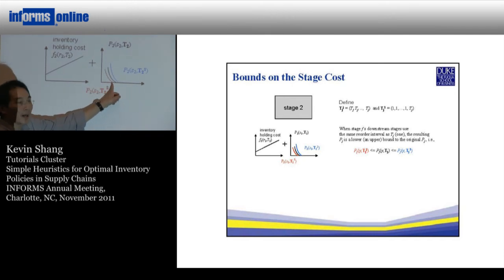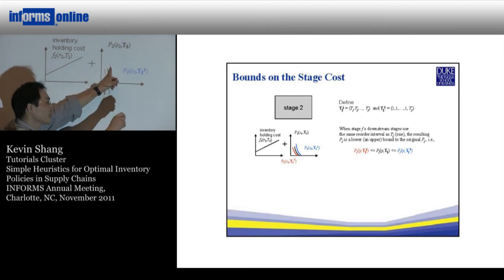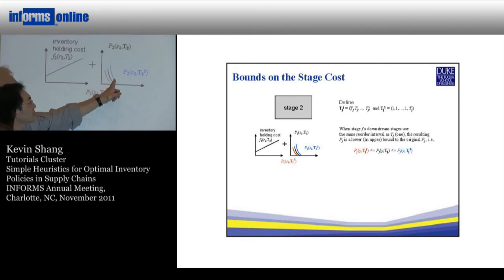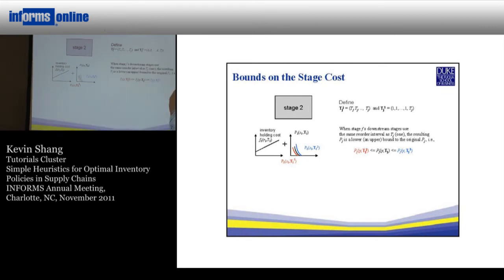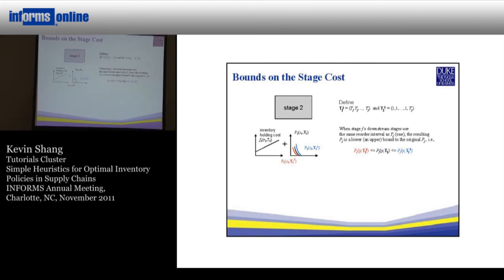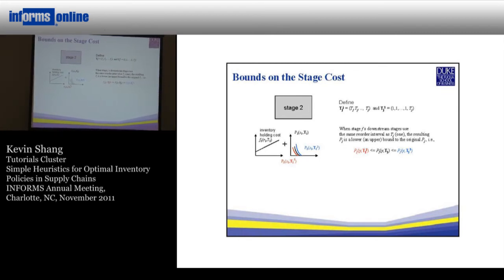So this will be the lower bound. On the other hand, if you are stage 1 and you just use 1, then the resulting induced penalty function is the upper bound to the original. I'm very excited about this result, and intuitively it also makes sense.